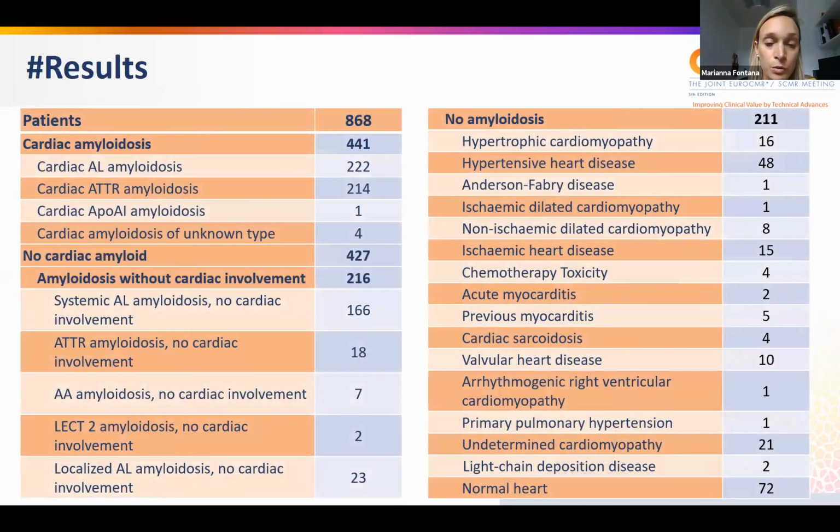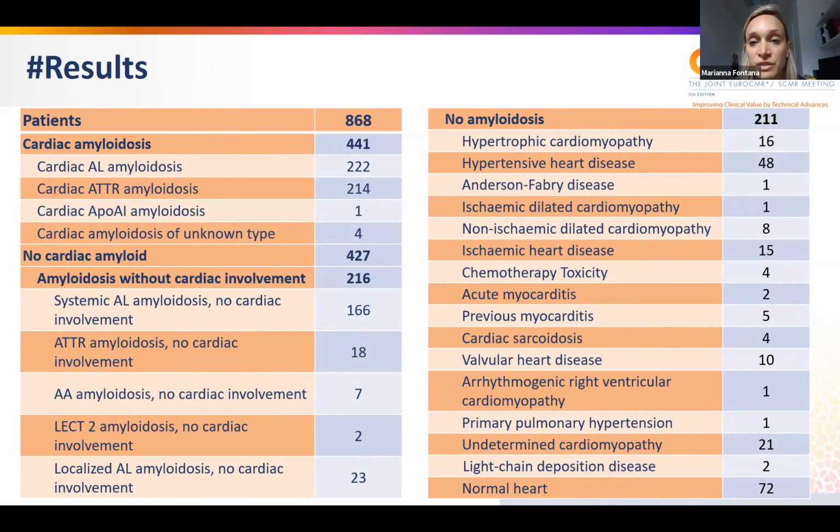And in our cohort, because basically we scanned all patients where there was a clinical suspicion of cardiac amyloidosis, out of 868 patients, 50% had confirmed cardiac amyloidosis, 441. 216 had no cardiac amyloidosis, but systemic amyloidosis, for example, renal AL or ATTR neuropathy or other types of amyloidosis.